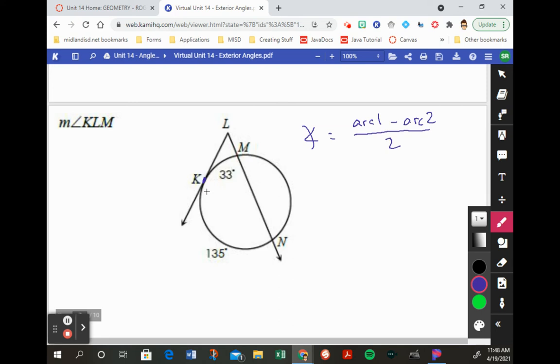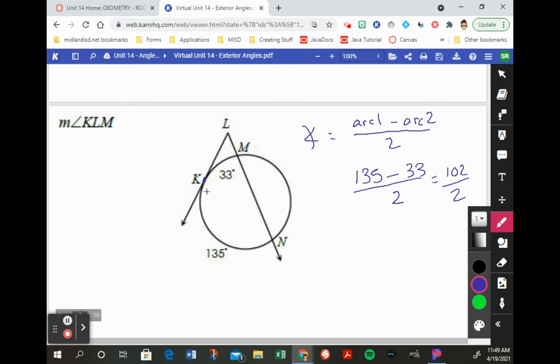Arc 1 is our big one, so 135 minus 33 over 2. 135 minus 33 should be 102. 102 divided by 2 is 51.